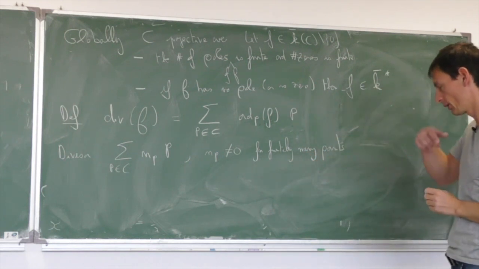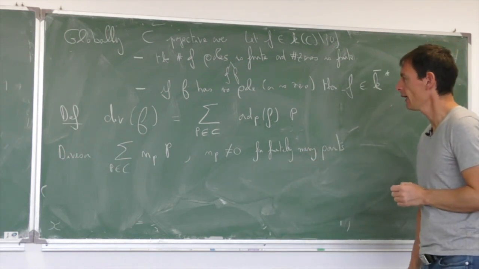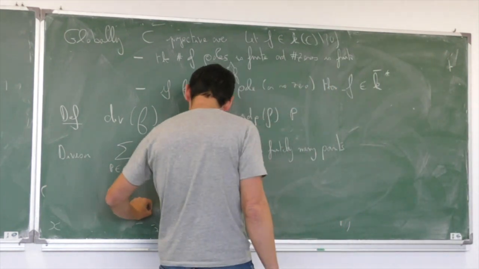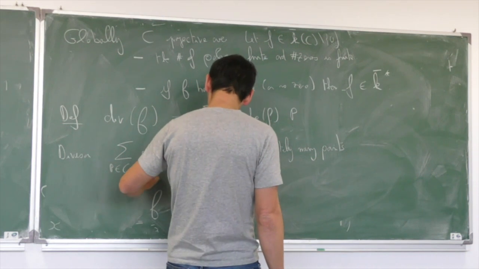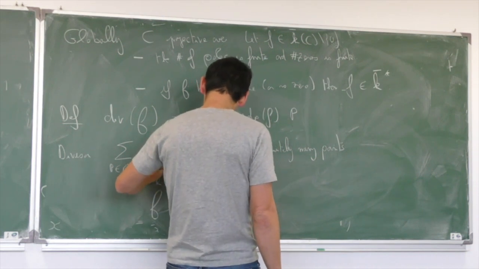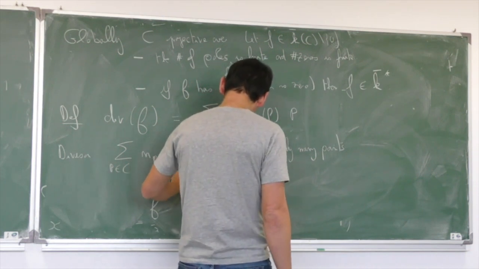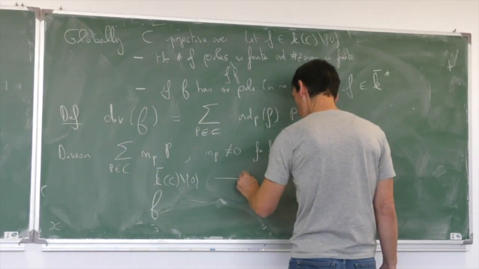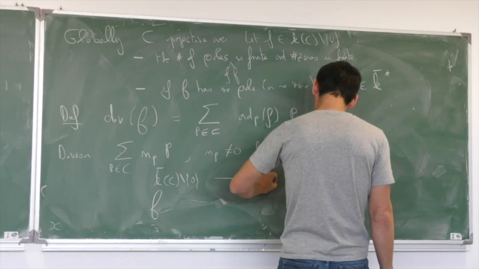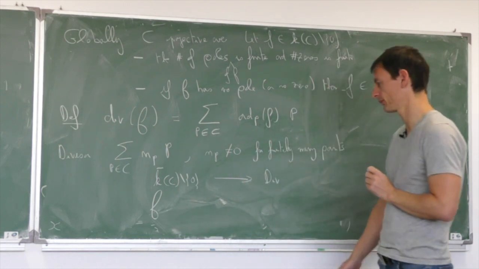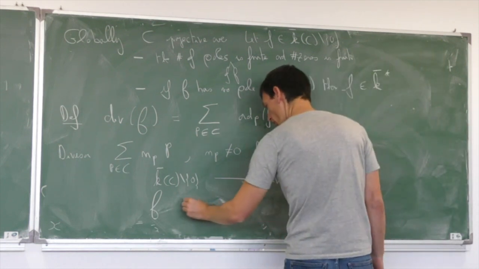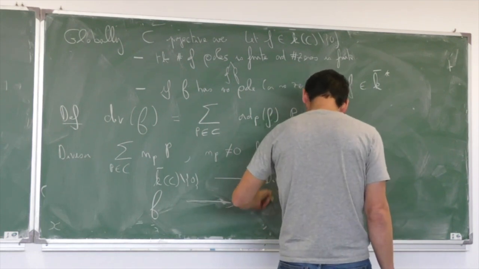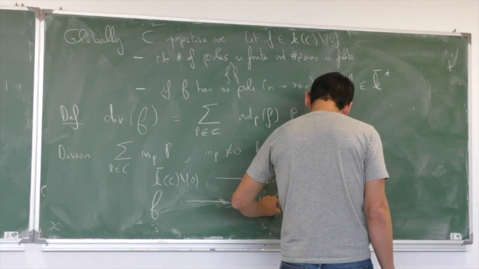And what we have just said is that there is a map from the function field of the curve to the set of divisors, which sends f to the divisor of f.